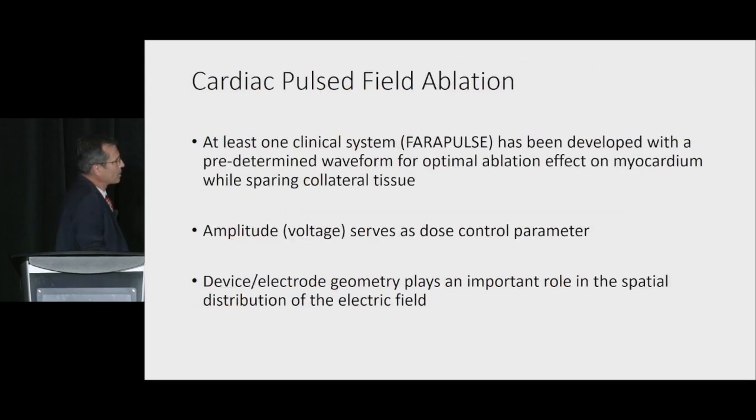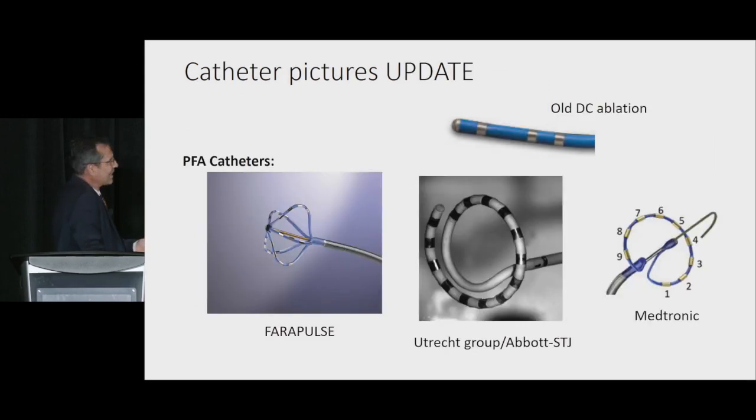And so, as said before, Farapulse has developed both the catheter and the generator. It took them years to get there, but it's pretty solid now. And the only thing that we can tune on the generator is the voltage. And these are different catheters that have been used to deliver electroporation. This is the one we are currently using.